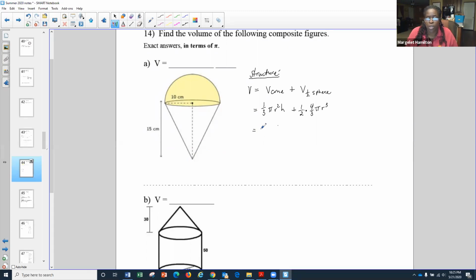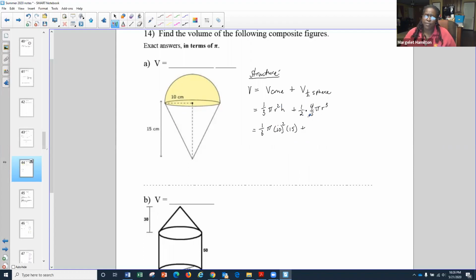For the cone, we have 1/3 pi. Then the radius for that is 10. We got to square it, and the height of it is 15. Plus, now look at this. We have 1/2 times 4/3.